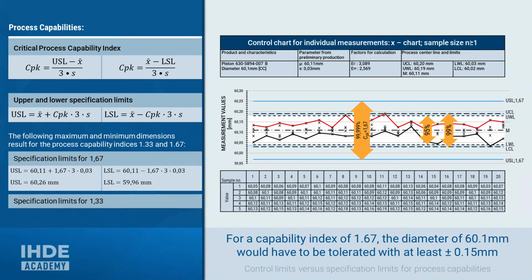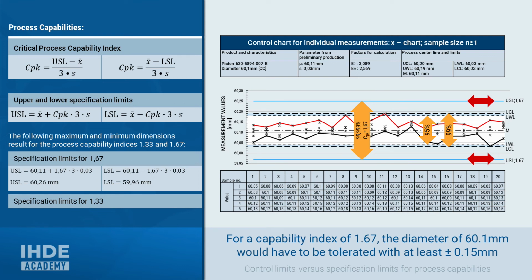For a process capability of 1.67, using the already known values for the mean value of 60.11 and the standard deviation of 0.03, this results in an upper specification limit of 60.26 and a lower one of 59.96 mm. Both specification limits were plotted on the control chart.